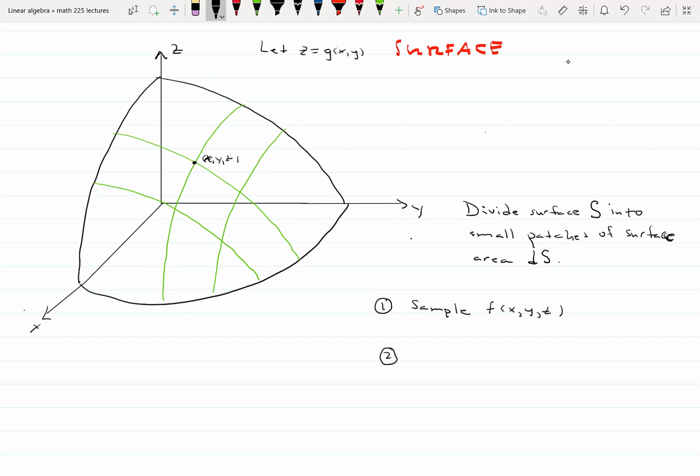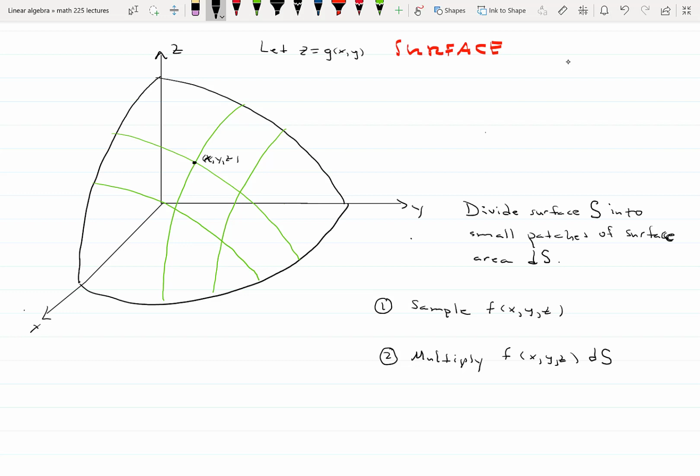Then we multiply. We're doing a very similar thing to what we did with line integrals. We multiply the value of that function, f of x, y, z, times the surface area, dS.